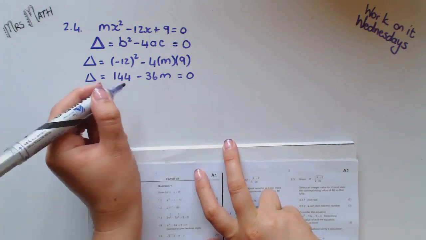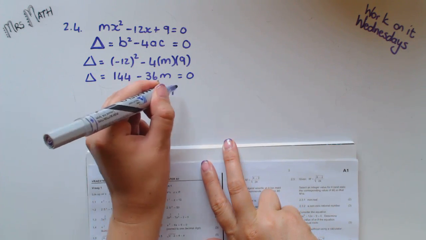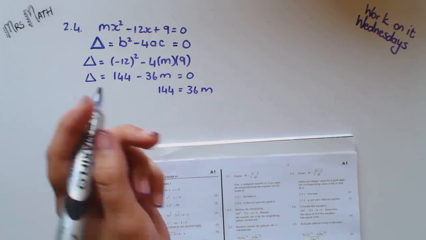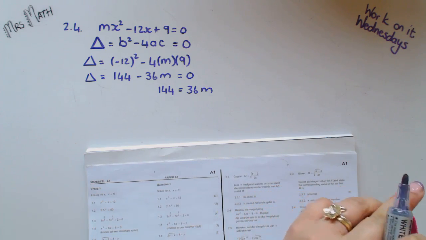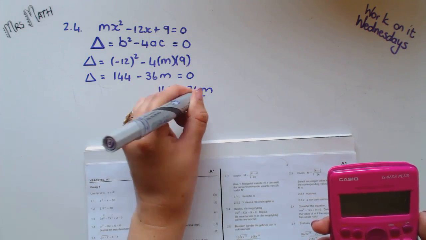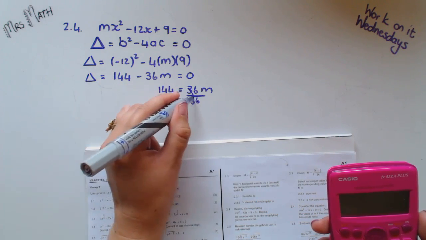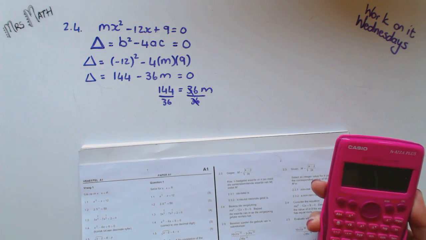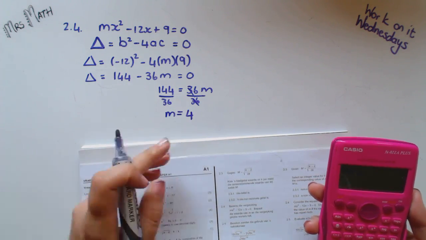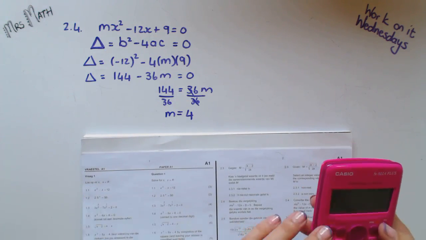So if I take the 36m over, I've got 144 equals 36m. And if I divide by 36 both sides, 144 divided by 36 is 4. So my m must be 4 to make this equal roots.